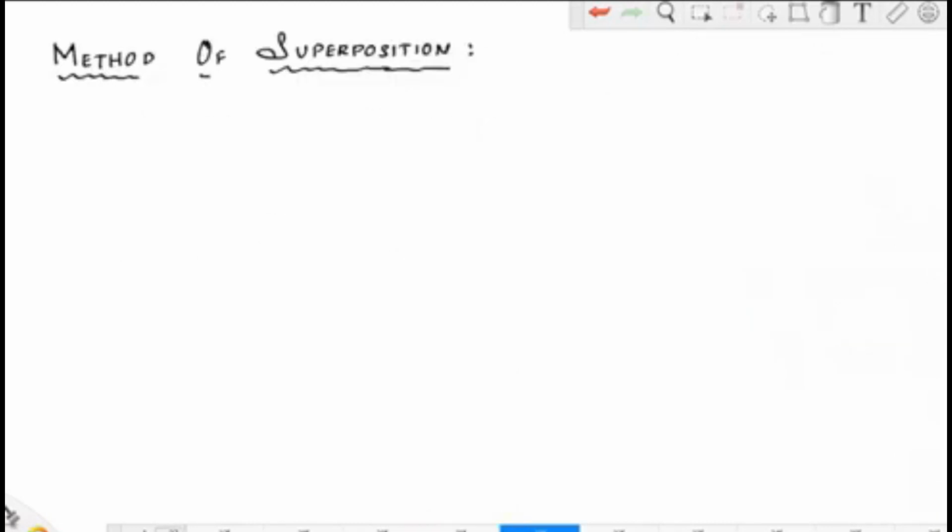So, the method of superposition. Given is a D-hour unit hydrograph. Let me consider a D-hour unit hydrograph here.